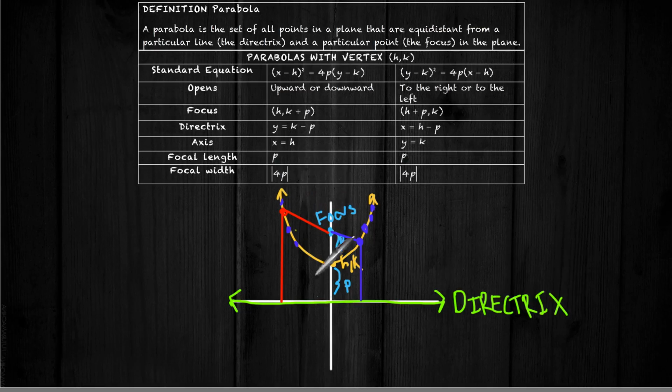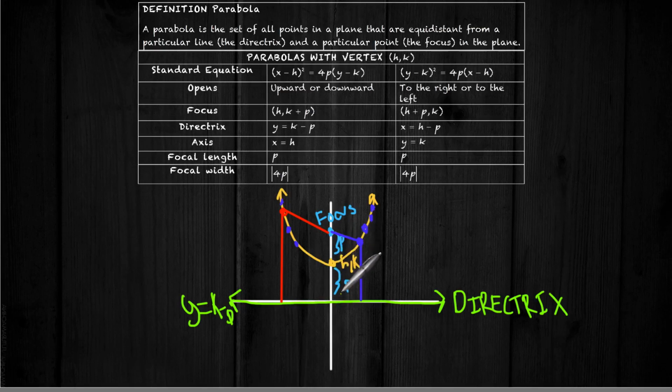All right, and so the directrix is going to be some horizontal line, y equals k minus p, because the vertex of the parabola is (h, k).